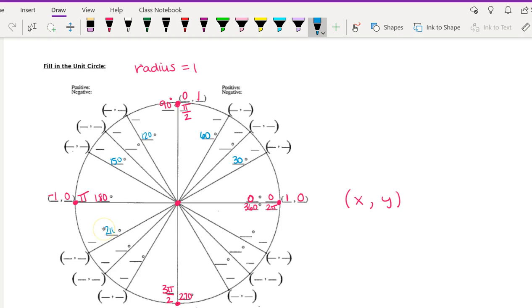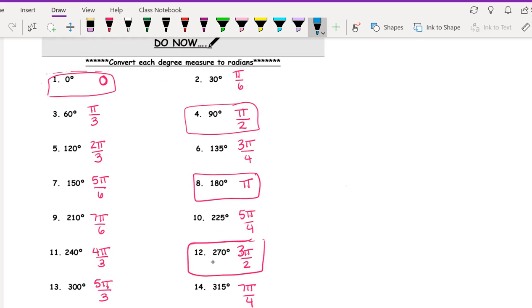Then 210, 240, 270, and then 300, 330, and then 360 degrees. We'll take a look at the relationships of the 30, 60s, so on, the increments of 30.